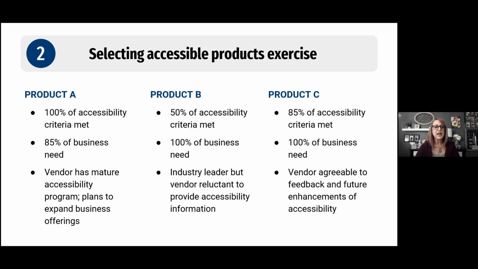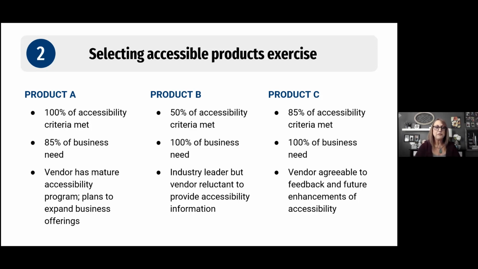So we have product A, where 100% of accessibility criteria are met and 85% of the business need is met. And the vendor has a mature accessibility program and plans to expand their business offerings in the future.